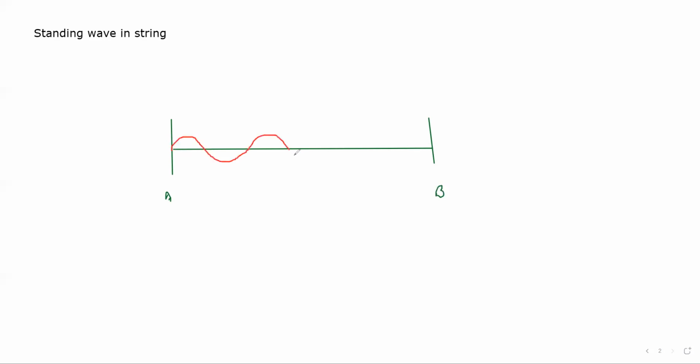That wave will travel and this wave will reflect back or bounce back. So actually there are two waves. One is traveling towards the right, another one after reflection is traveling towards the left. As a result, I will not see two waves. I will see the combination of the two waves.